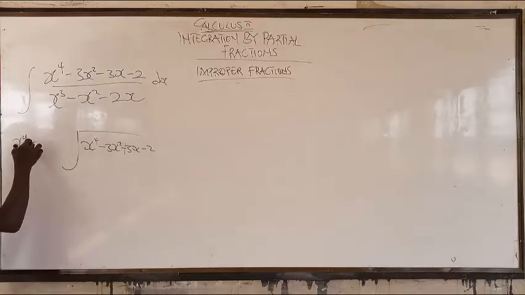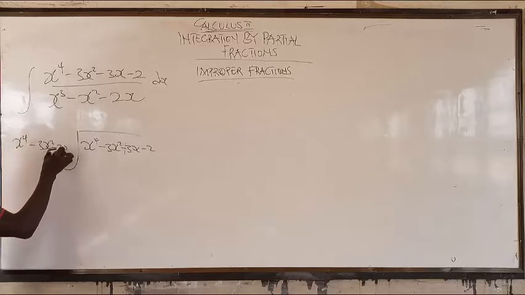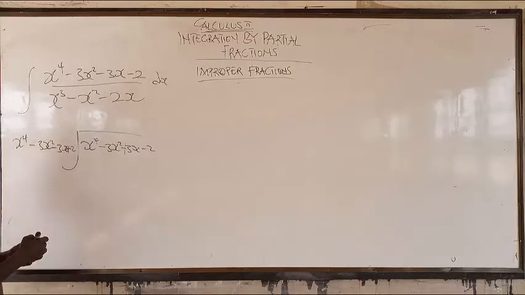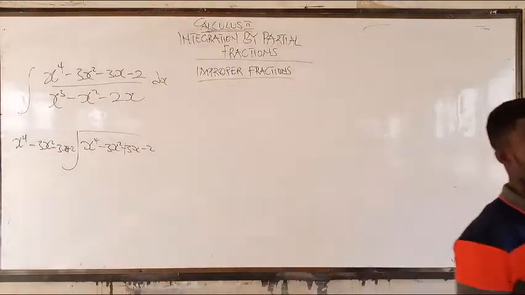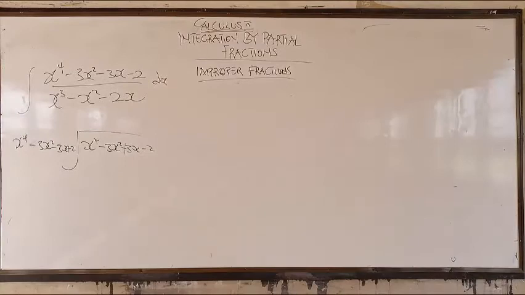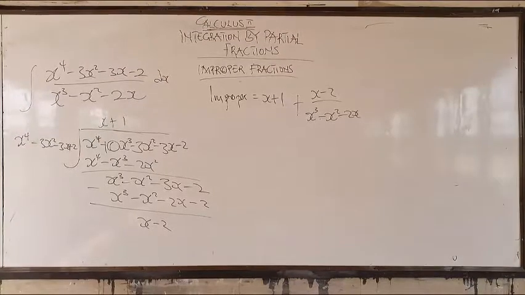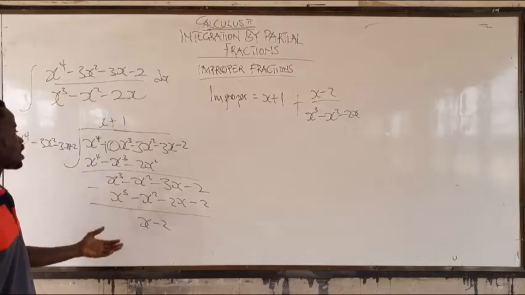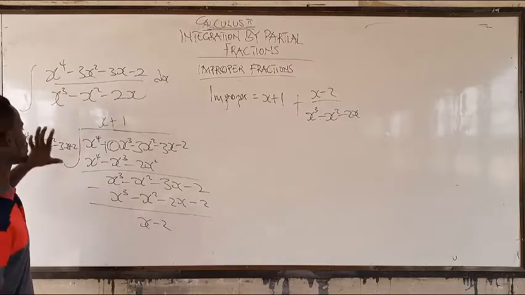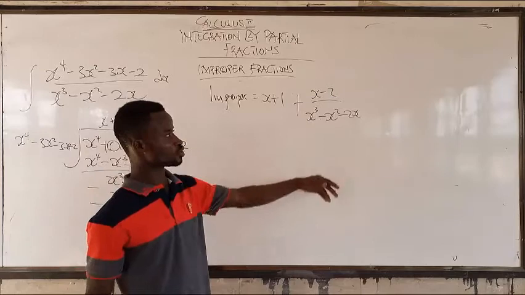The dividend is this. In fact, pause the video and continue with it. That is just algebra. After the algebra, quotient, remainder, divisor. So the improper fraction is equal to that.